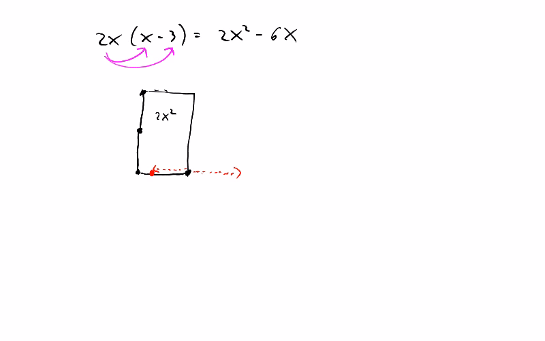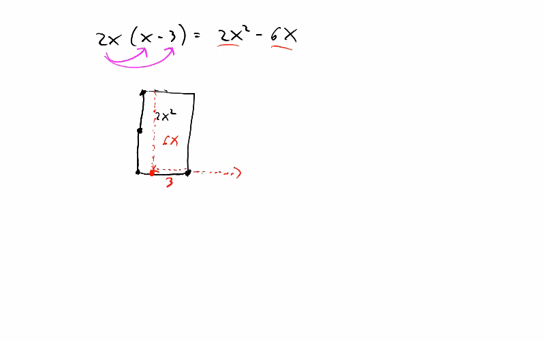If x is more than 3, we can think of cutting off a section of the area that we've already created that is 3 units wide and 2x tall. So we would take 6x away from the original 2x squared. So the result would be 2x squared minus 6x. We can think of subtracting areas out for negative terms.